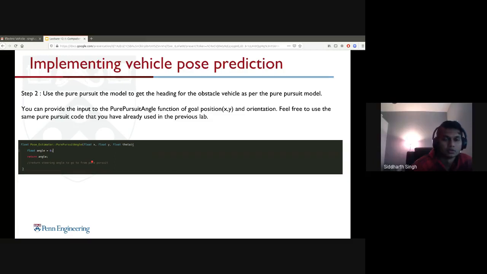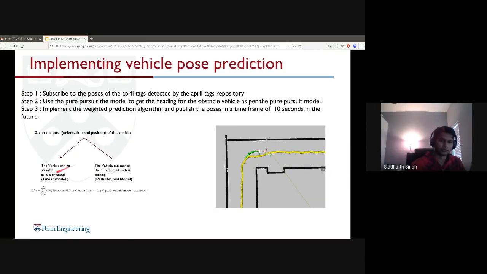Pose prediction. Then you can use your pure pursuit algorithm, which you've already implemented, to find the pure pursuit path and the orientations that are calculated from pure pursuit, and use them in this part of the model.